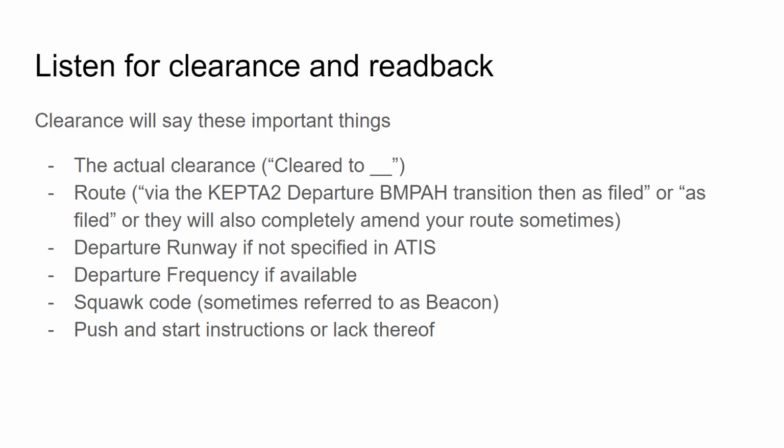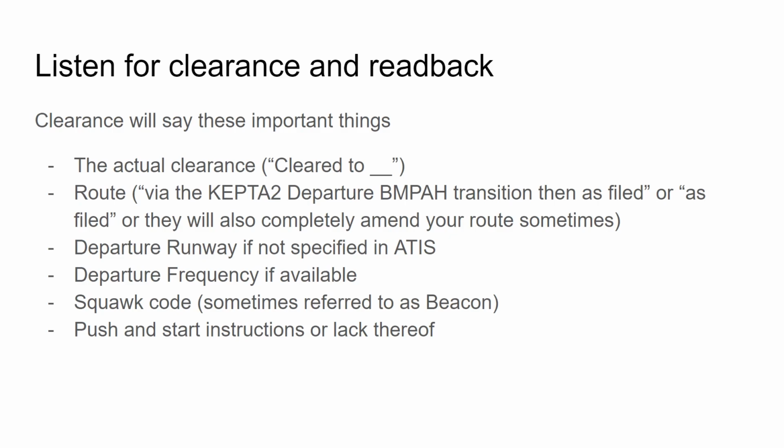They'll say, Maple 7654, I have a route amendment for you, advise ready to copy, which gives you time to get something up to write the new route down, because they're going to be reading stuff off to you that you're going to want to listen to closely. And then you're going to say ready to copy, and then they'll give you the new route to follow and to put into your computer and your autopilot and stuff.